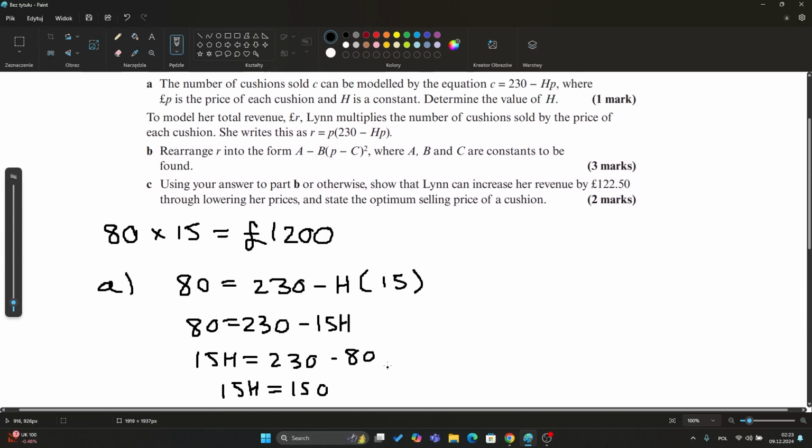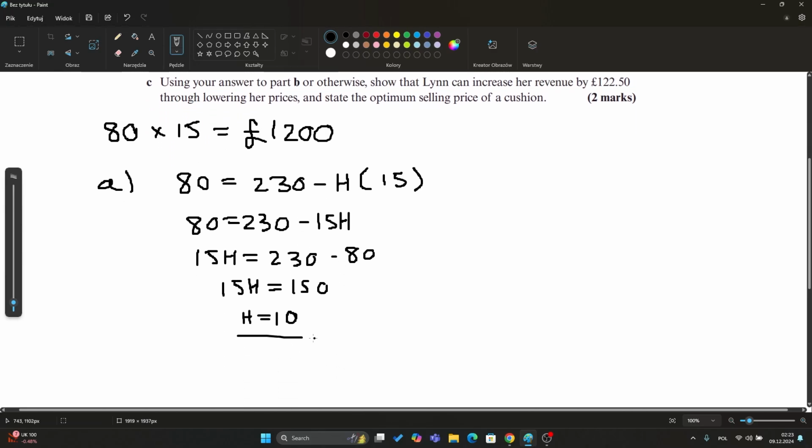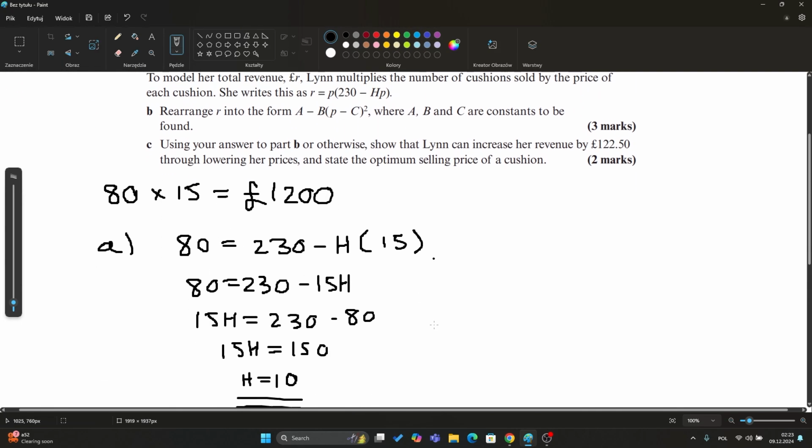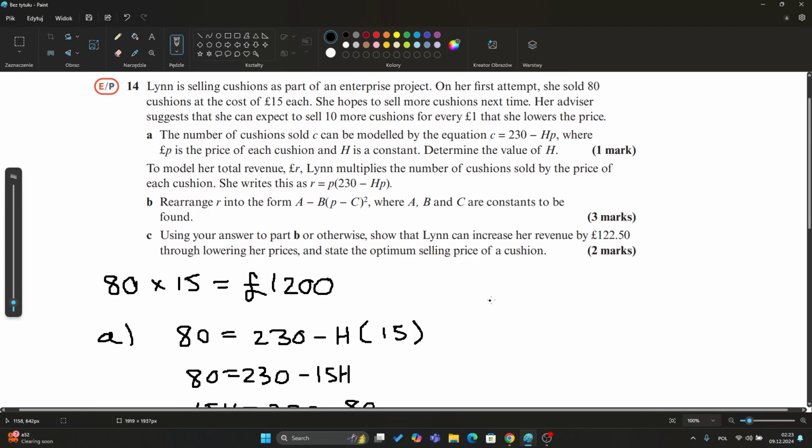So now we have worked out the value of H, we can use it to work out the next stages of the question. Here we have our model as C equals 230 minus 10P.